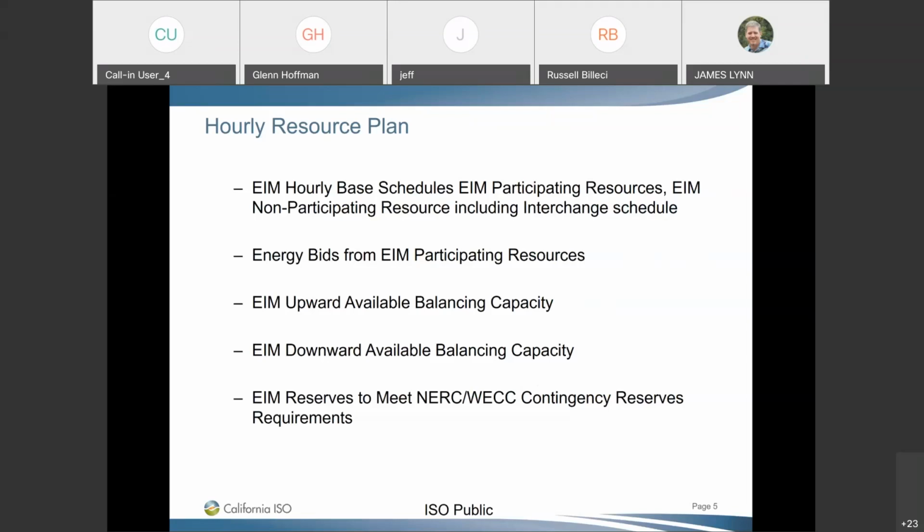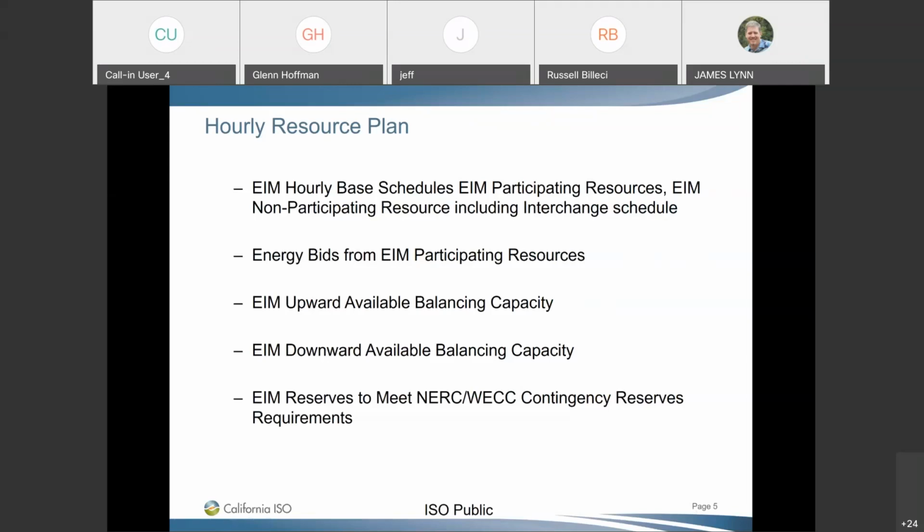This available balance capacity, when you identify it, you will tell us what portion of that is regulation up, regulation down, spin, non-spin. And so when we do some of our calculations and settlements, if we see that a resource that has available balance capacity of regulation has a deviation, we're going to treat it in a similar way we do a resource in the ISO balancing authority area.